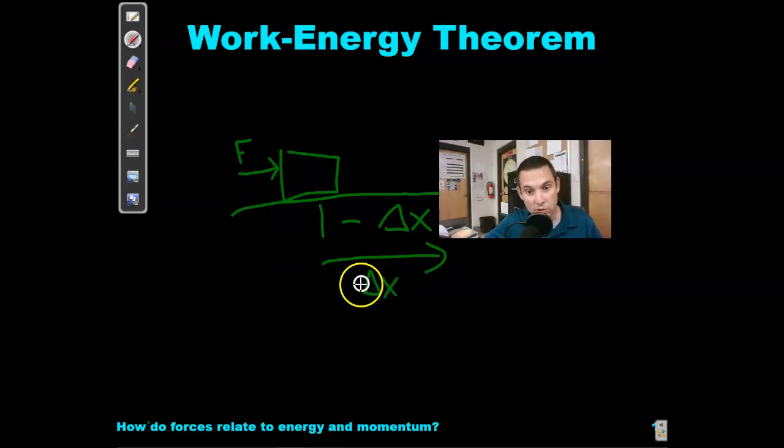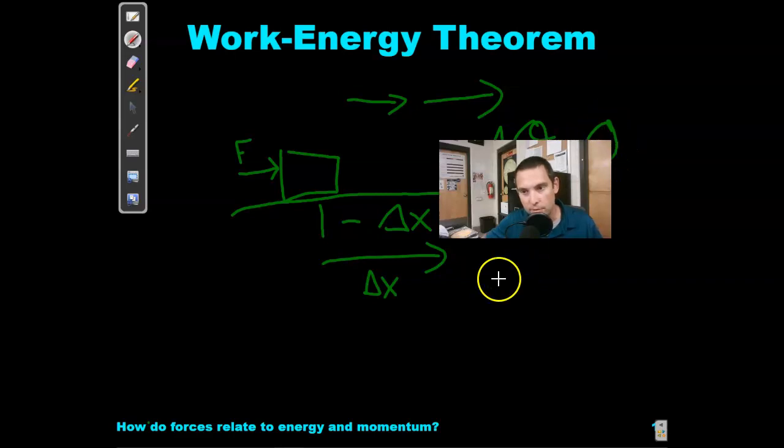What's the angle difference between them? Well, if force is to the right and my displacement is to the right, the change in that angle is just 0. So that means positive work is being done. They're in the same direction.